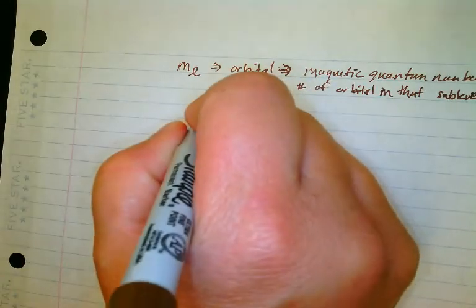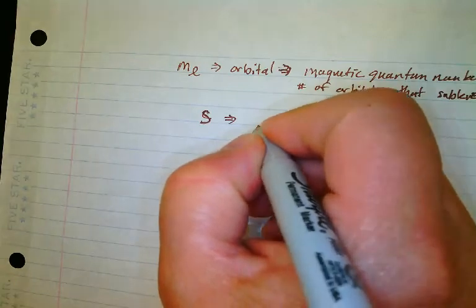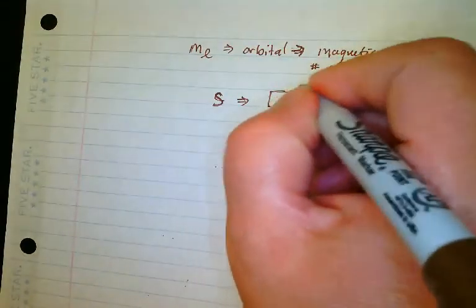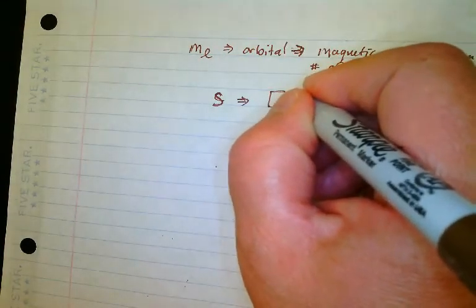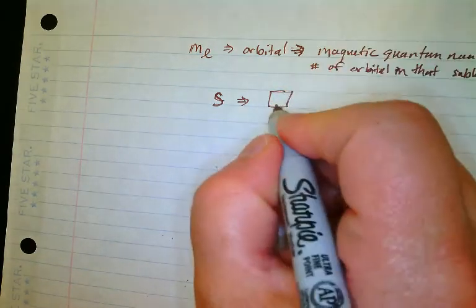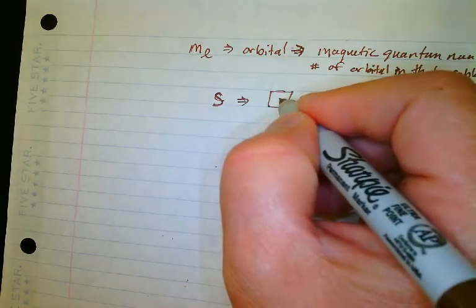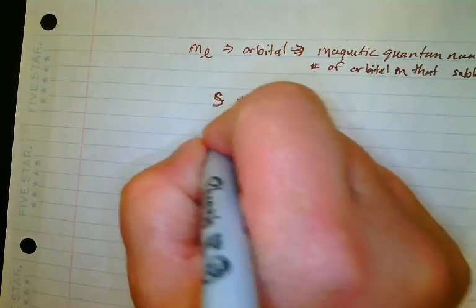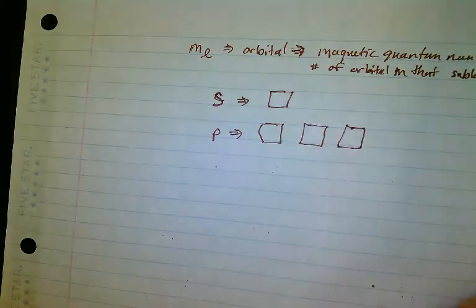How many orbitals are in S? How many lines or boxes do you draw for an S? You draw one box. So that's an orbital. So your M sub L here would be 1 for S. How many boxes did I draw for P? 3.